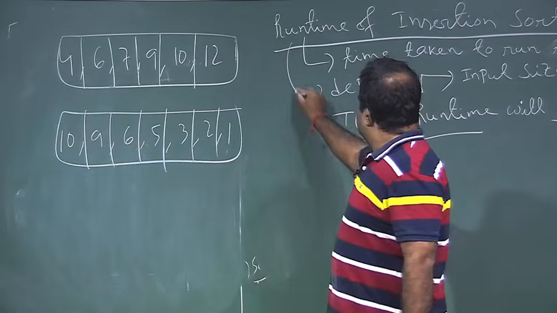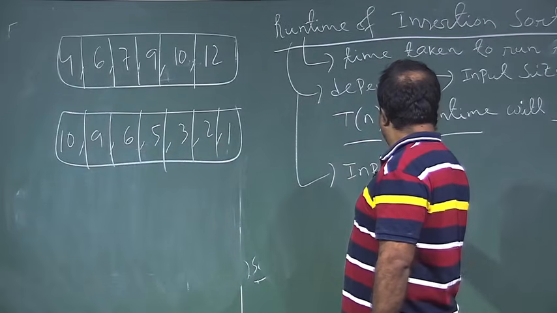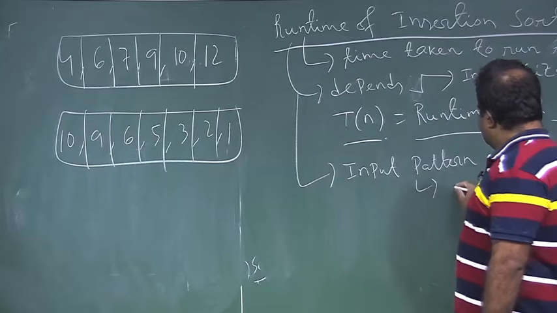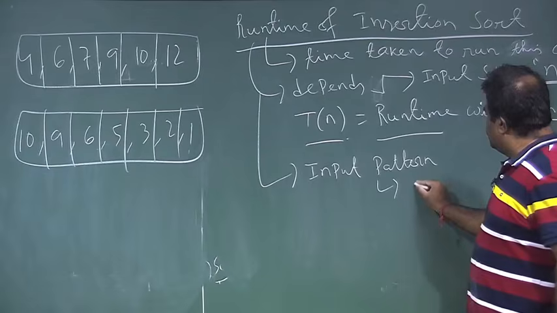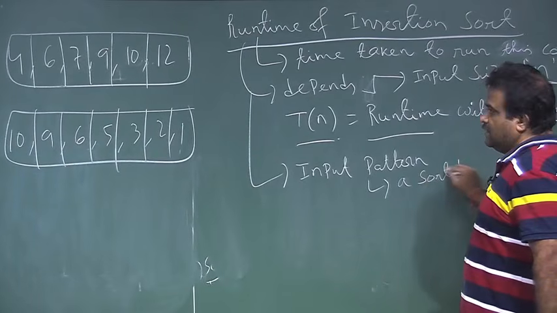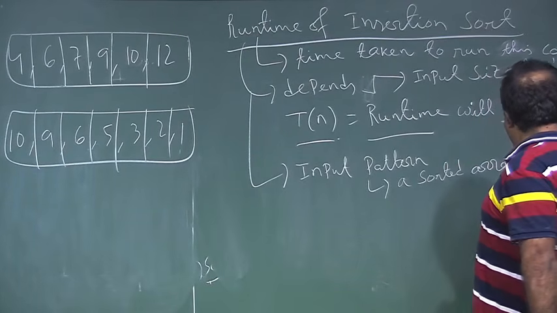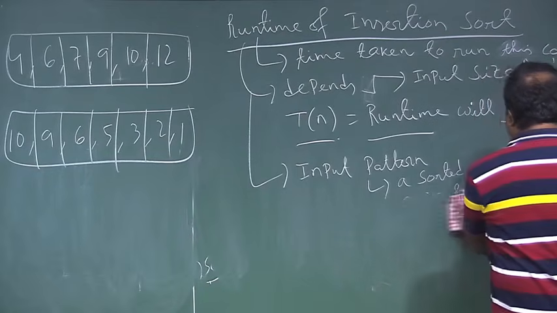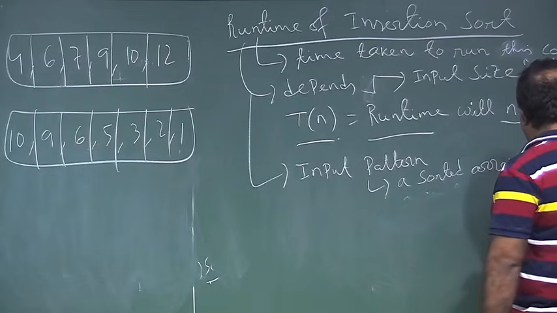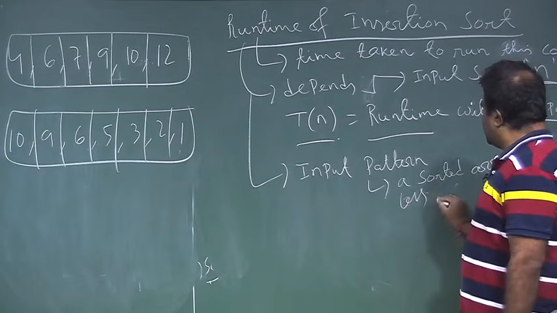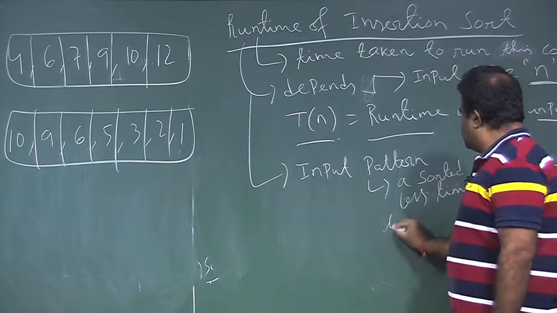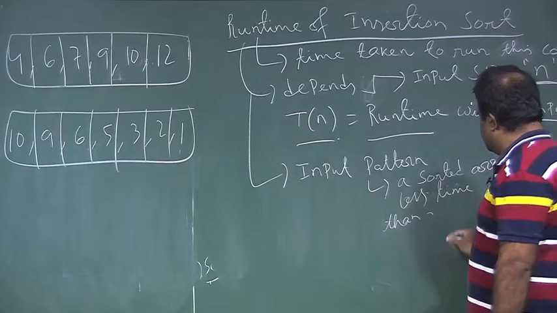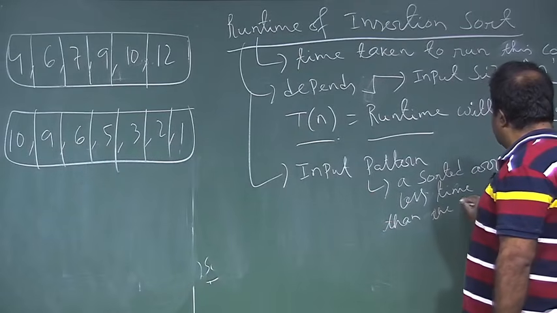So, this runtime will depend on the input pattern, in the sense that an already sorted array is easier to sort and will take less time than if the array is reverse sorted, which will take more time.